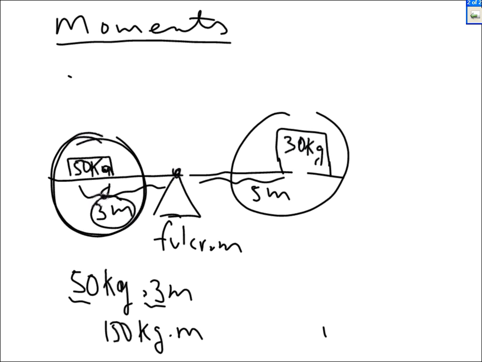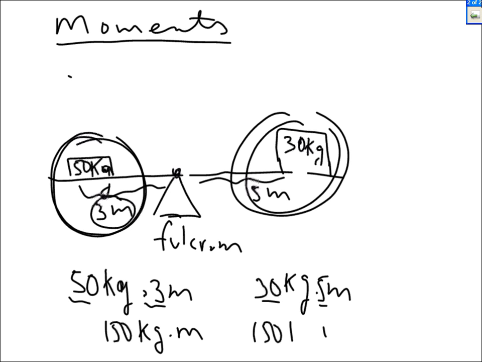On the right side, you have 30 kgs times 5 m. Well, 30 times 5 is 150 kg times m. These are equal. This system, this diagram, is said to be in equilibrium.